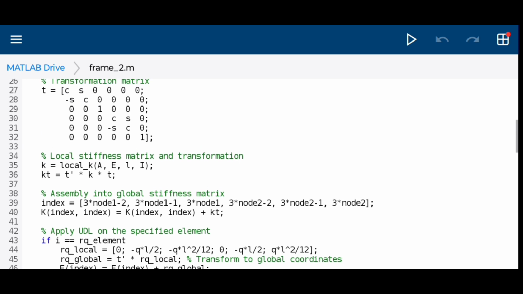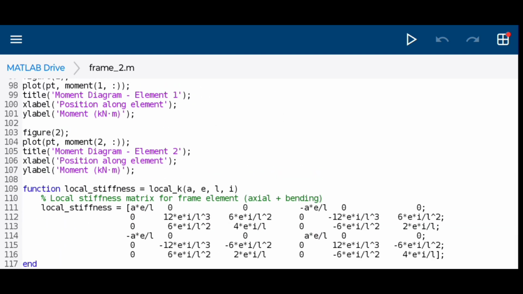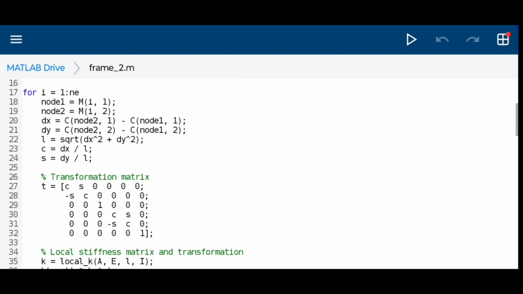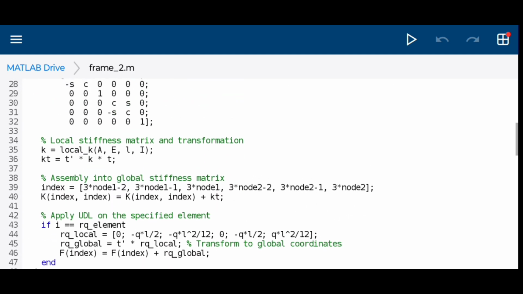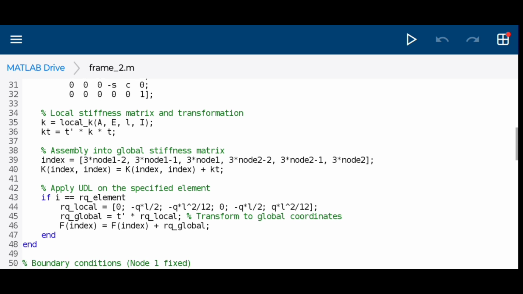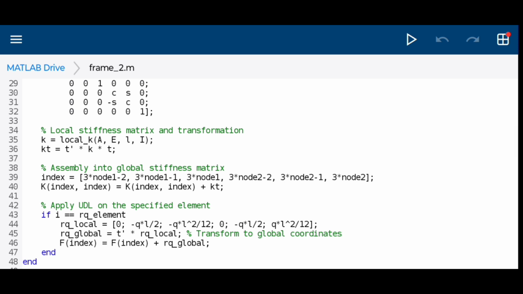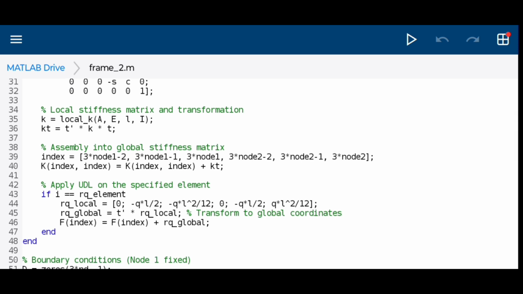Here we require the area of cross section, Young's modulus, the length of the member and the inertia. I have defined a local stiffness function here, which can be used directly. There is nothing new here. After getting this function, I convert into the global coordinates, that is T transpose times k times T, so it is converted into the global stiffness.